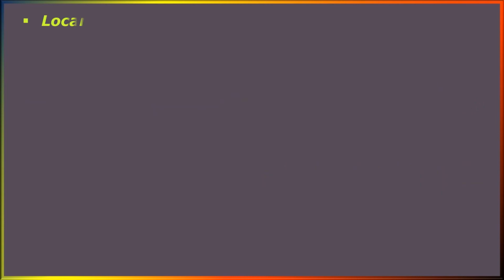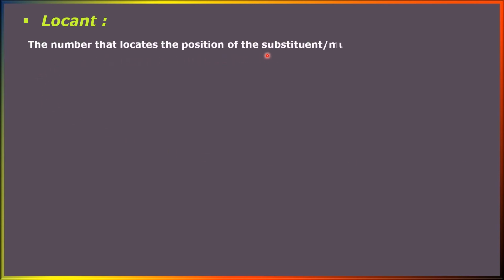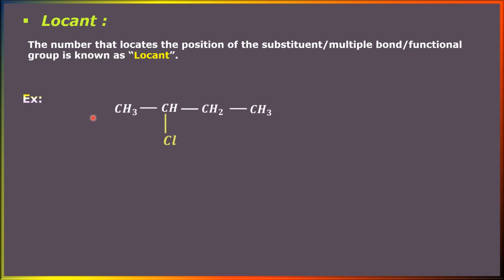Now I will explain what is locant. The number that locates the position of the substituent or multiple bond or functional group is known as locant. For example, you see here in this compound, the second carbon atom is attached to a chlorine substituent.